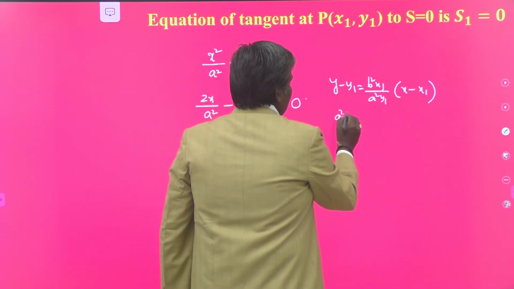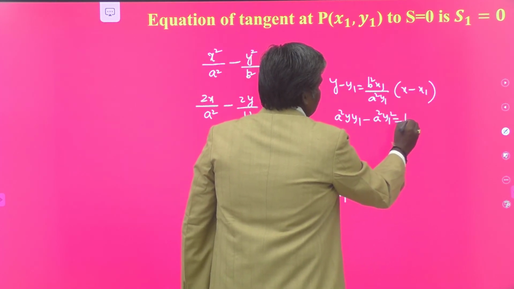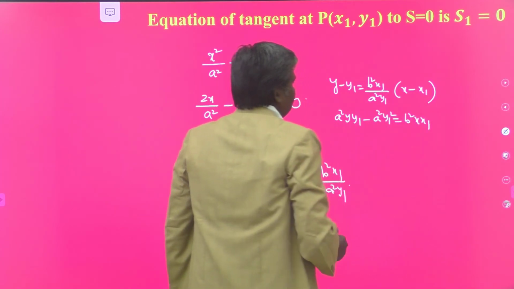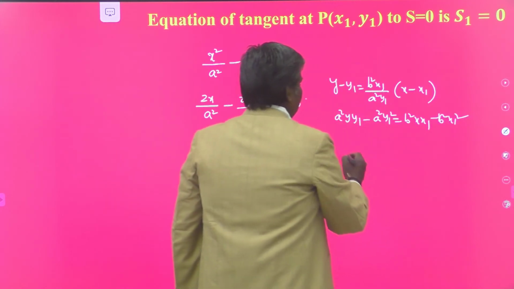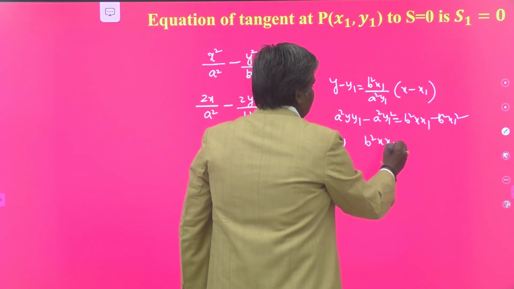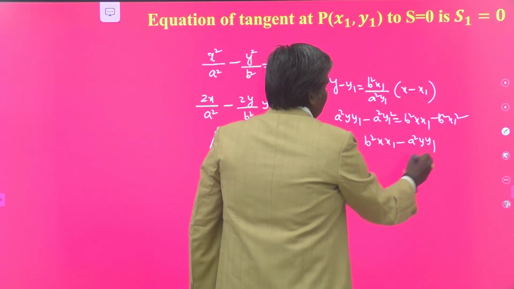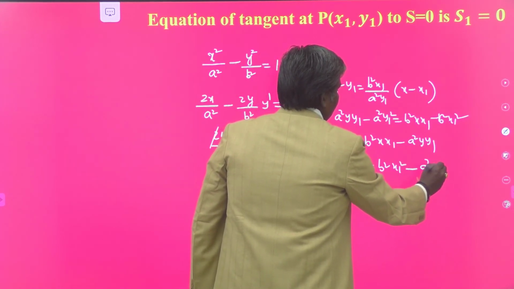Clearly, a square y1 y minus a square y1 square is equals to b square x x1 minus b square x1 square, which implies b square x x1 minus a square y y1 is equal to b square x1 square minus a square y1 square.